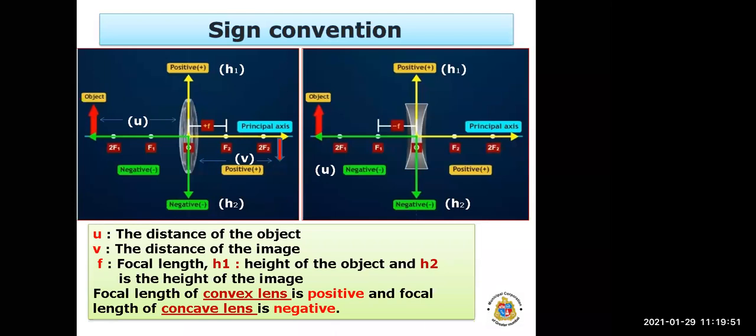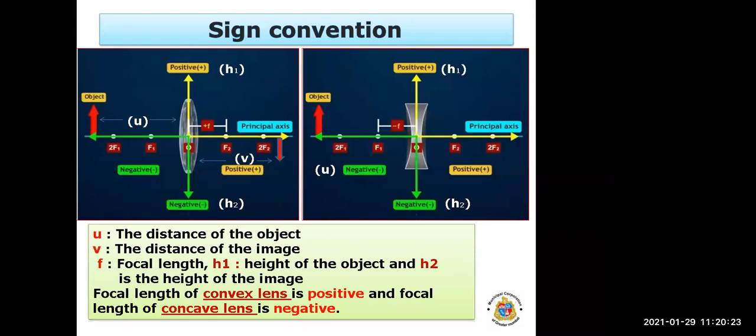Then comes the sign convention. For the sign convention, the first one is for the convex lens and the second one is for the concave lens. Whenever the lens is placed in between, O is the optical center, F is the principal focus, and the line passing through F and O is known as the principal axis.